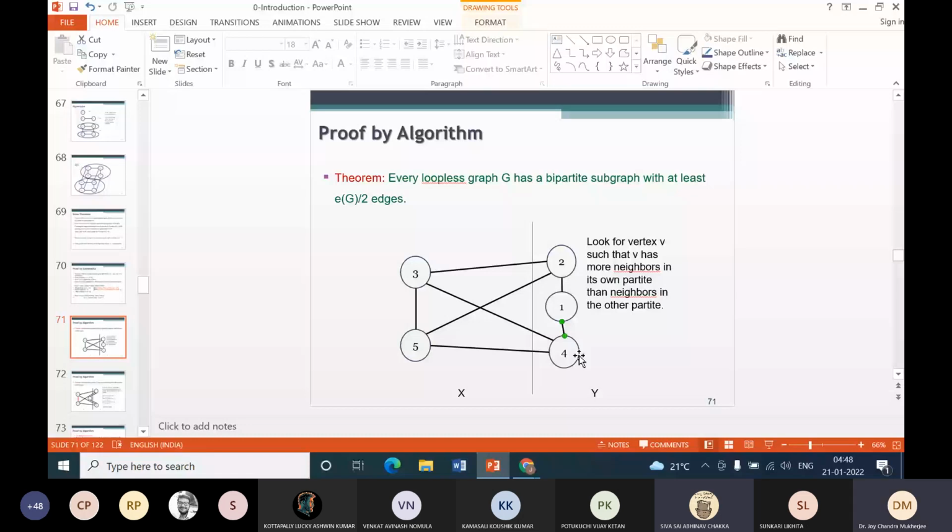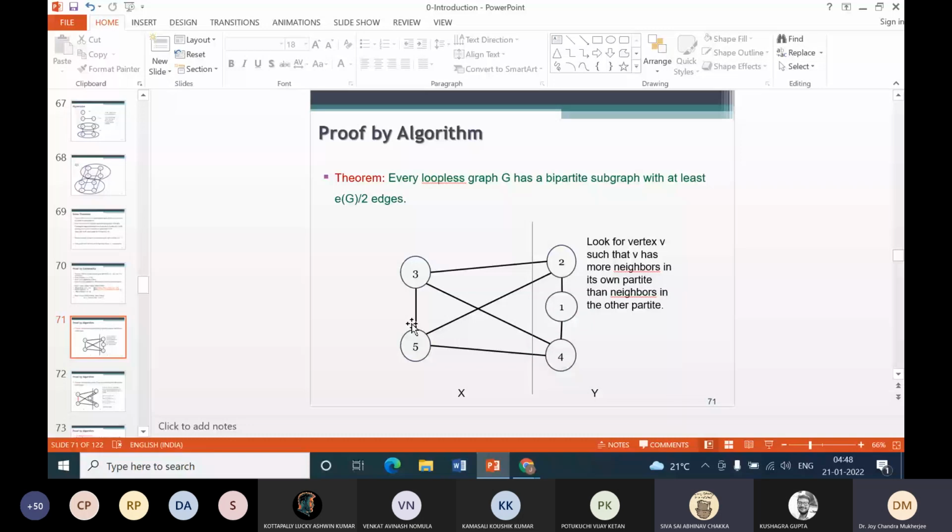Now at this stage you look into 4, and again into 1. Now you can look into 3. 3 has 2 neighbors in the other partite and 1 neighbor in its own partite. So 3 is not the right candidate. For 5, 2 neighbors in the other partite, 1 neighbor in its own partite. So 5 is not the right candidate.